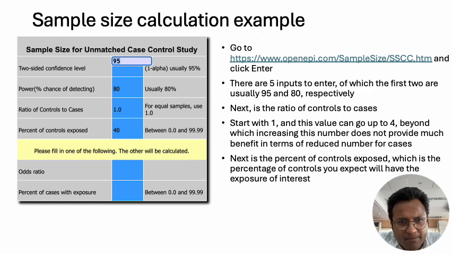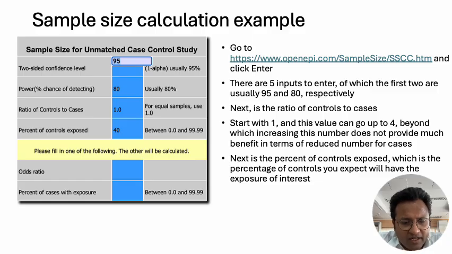Okay, so there are many open source websites and other software available for people to do sample size calculations. The one I would recommend to use is this website, OpenEpi. You can click on this website and you will see this box that is there on the slide.